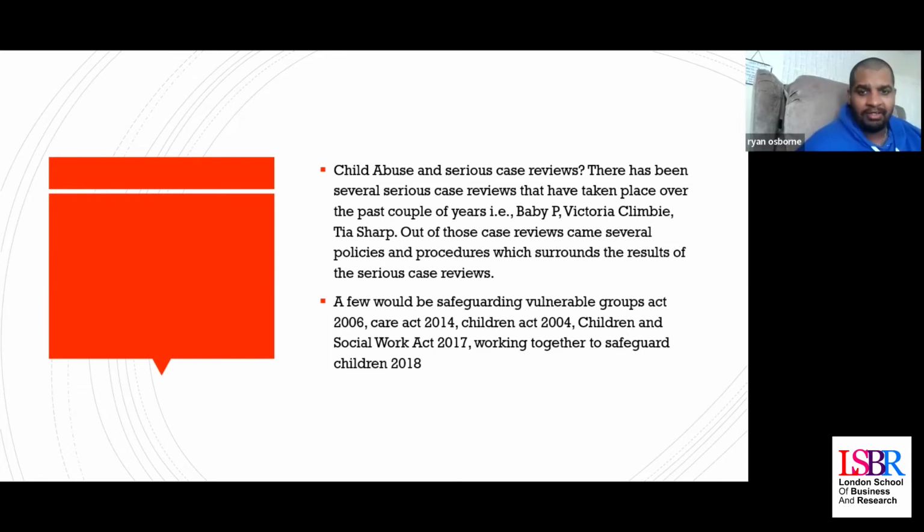It's a very important thing that we work together to safeguard children, and that is why there were certain processes and certain things that we have to look at as well.